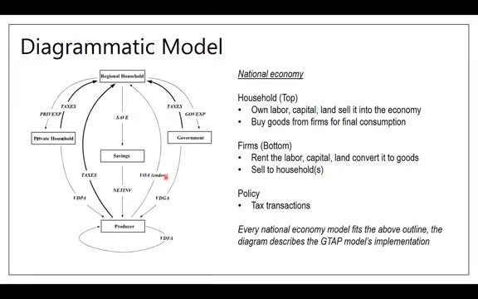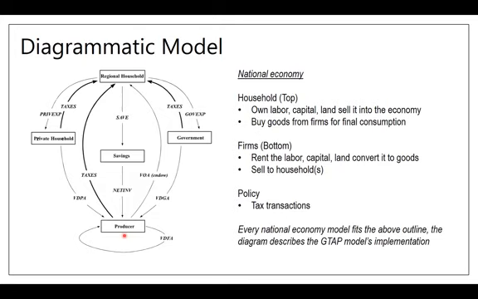That's the common part. This picture here is specific to GTAP, a very small piece of GTAP, the Global Trade Analysis Project model of the global economy. So this is for one region of that.